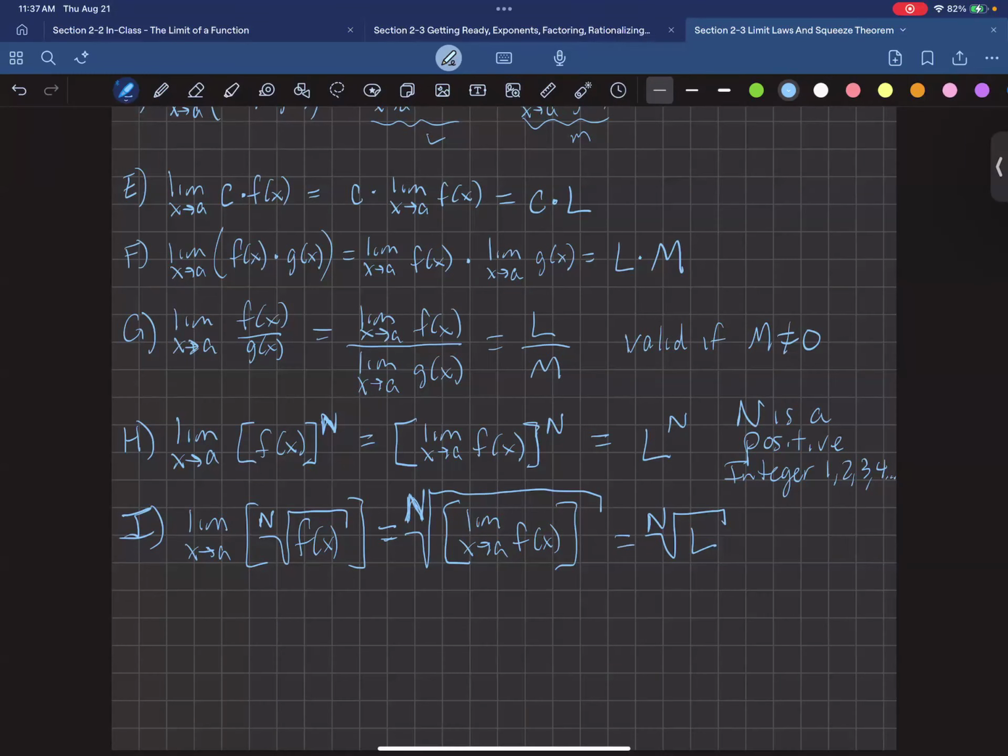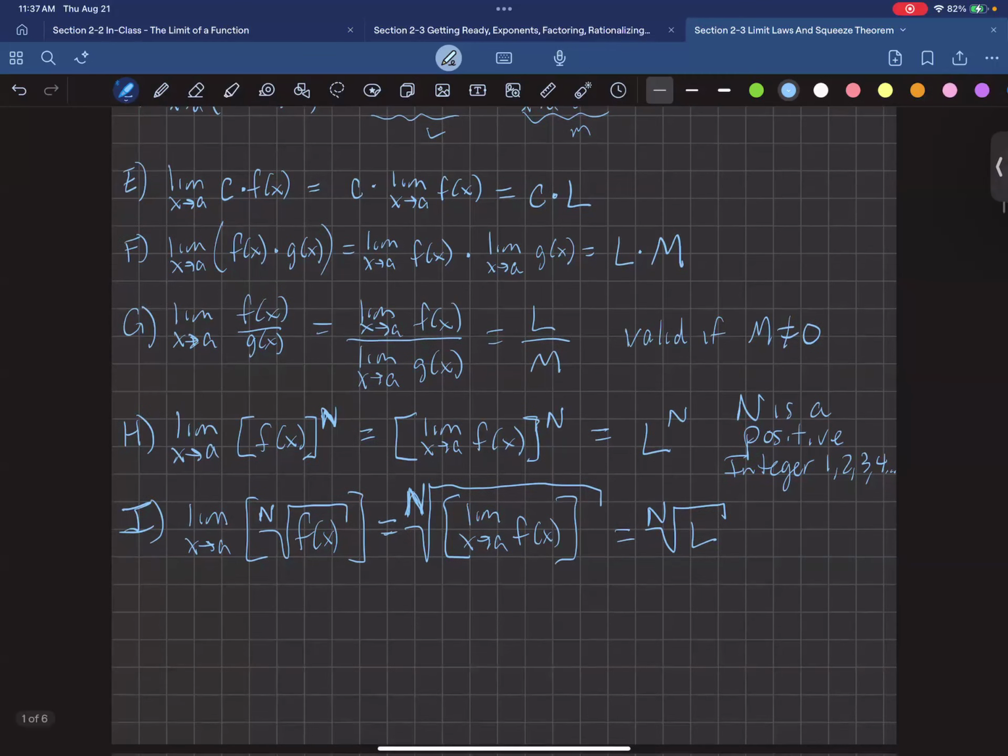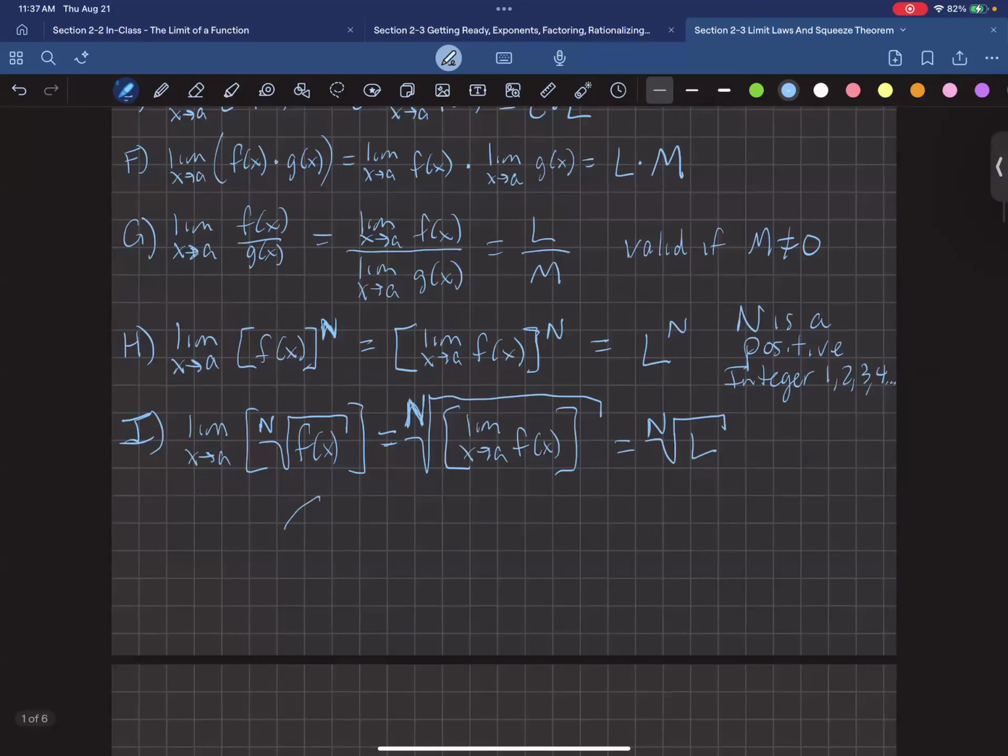And this works. You might learn a new notation right now. We have an upside down A, which in mathematics means "for all." So this is true for all L if N is odd.